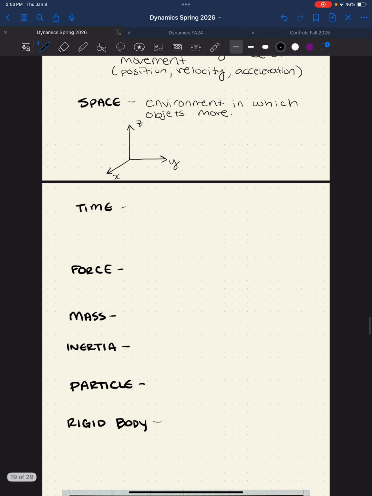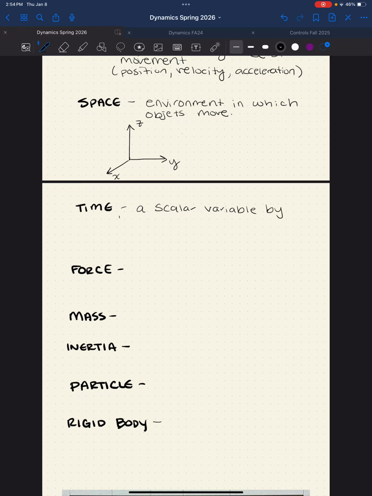So for this class in particular, time will be considered absolute, and time is experienced the same way between different objects regardless of how those objects are moving. So in other words, what you are used to considering as time, that is the time that we're going to consider in this class.